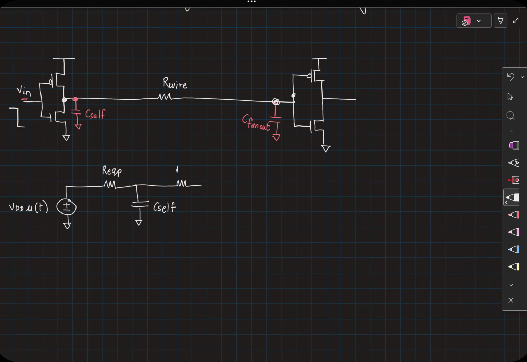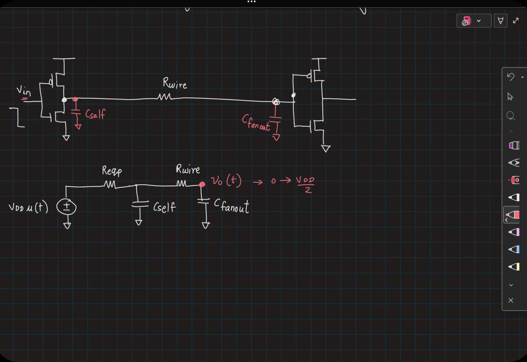Then I will have the R wire, and finally the C fan out capacitor here. And I'm interested in measuring the delay taken for this signal, which I'll call V naught of t, to go from 0 to VDD by 2.